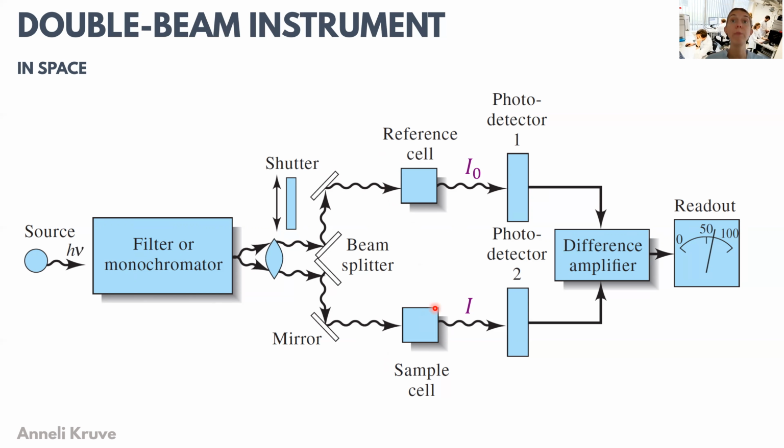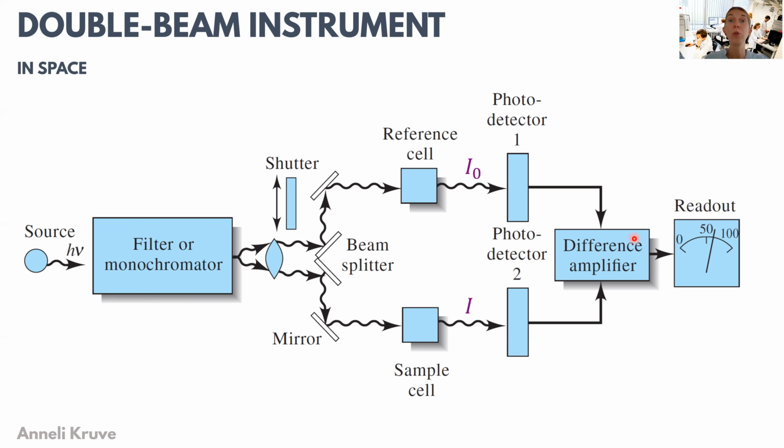From the sample, we measure the I, so the intensity of the radiation after passing through the sample. From the blank cuvette, we measure I0, so the intensity of the light that is not affected by the analyte molecules. And both of these are measured by detectors. So there are two detectors, one for one beam and the other one for the other beam.